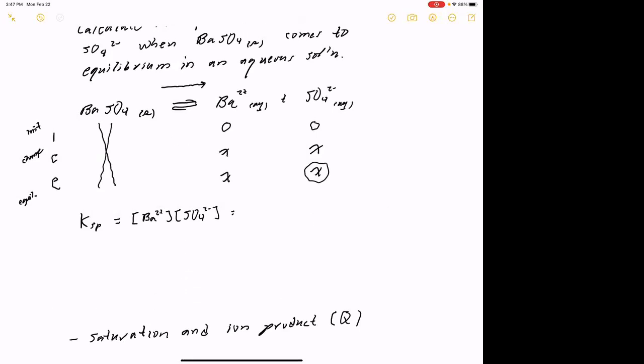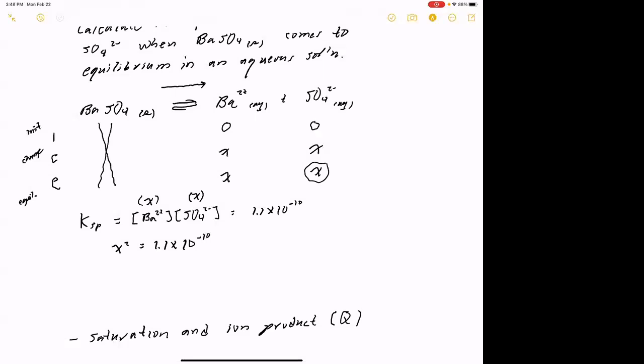Was it 1.0 times 10 to the minus 10th, or 1.1 times 10 to the minus 10th? Those are equilibrium concentrations. Do I have another name for the equilibrium concentration of barium ion or sulfate ion? Yes, it's X in the table. So I let that be X, and that be X, and I multiply them together. I get X squared, and that's equal to my Ksp value, which I can look up in a table.